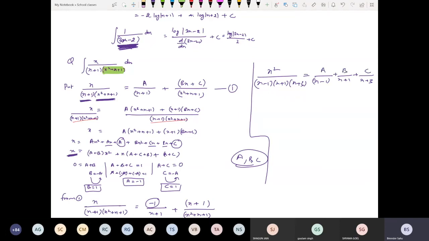Suppose we get a question like this: (x minus 1)(x plus 1)(x square minus x plus 1). Now we have three factors and this cannot be factorized further. That's all. So what to do? There are three factors, two are linear, x minus 1, x plus 1, and x square minus x plus 1.